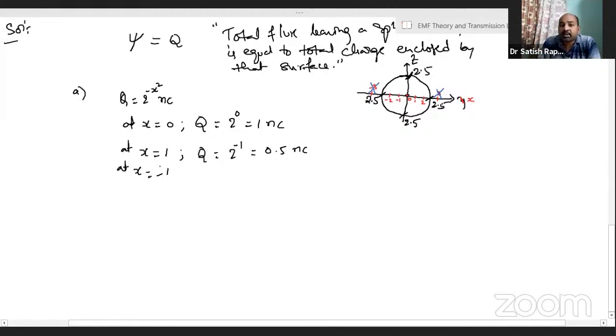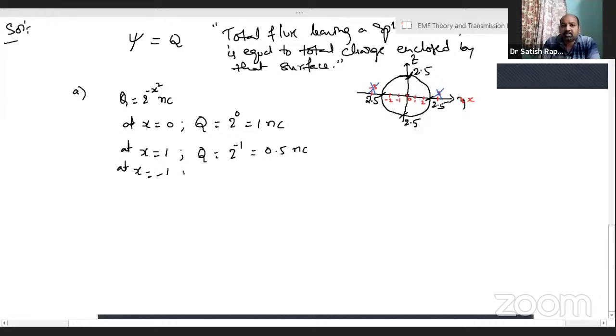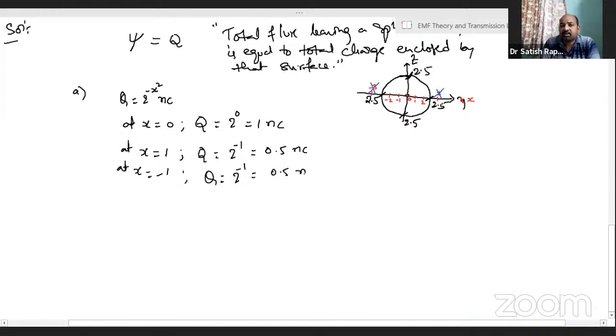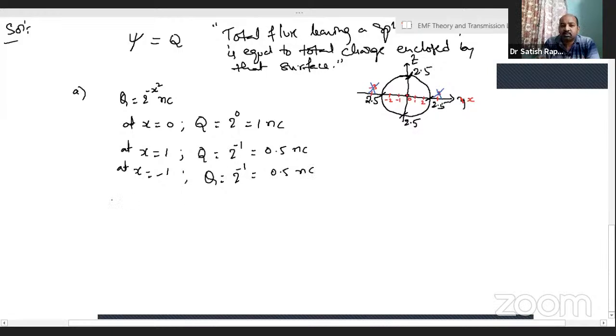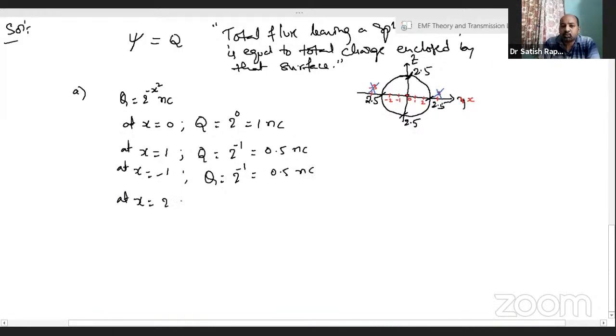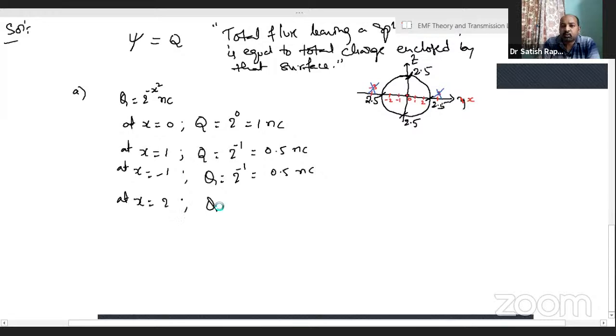So at x equal to -1, q is equal to 2 power -1, and again the same you'll get, right? -1 square is 1. And similarly at x equal to 2, Q is equal to 2 power -4, right?